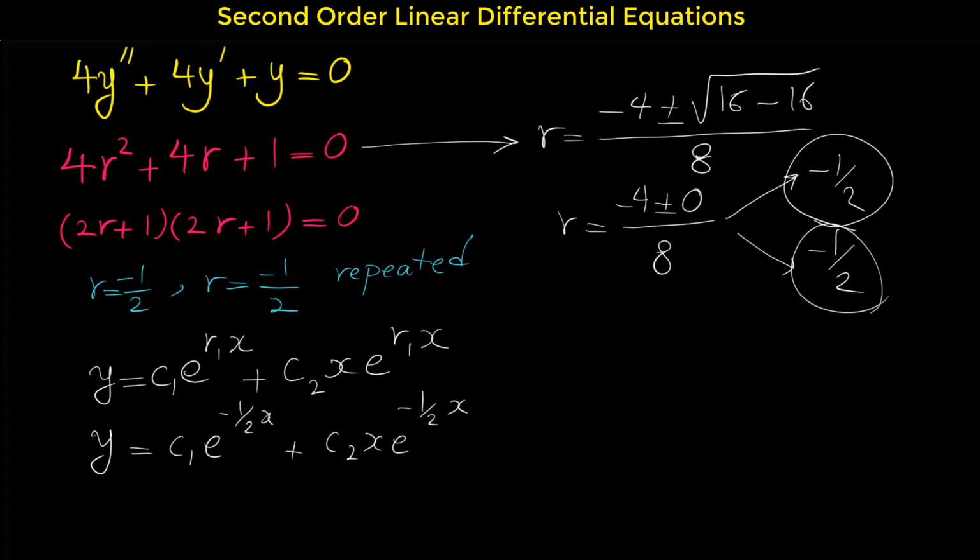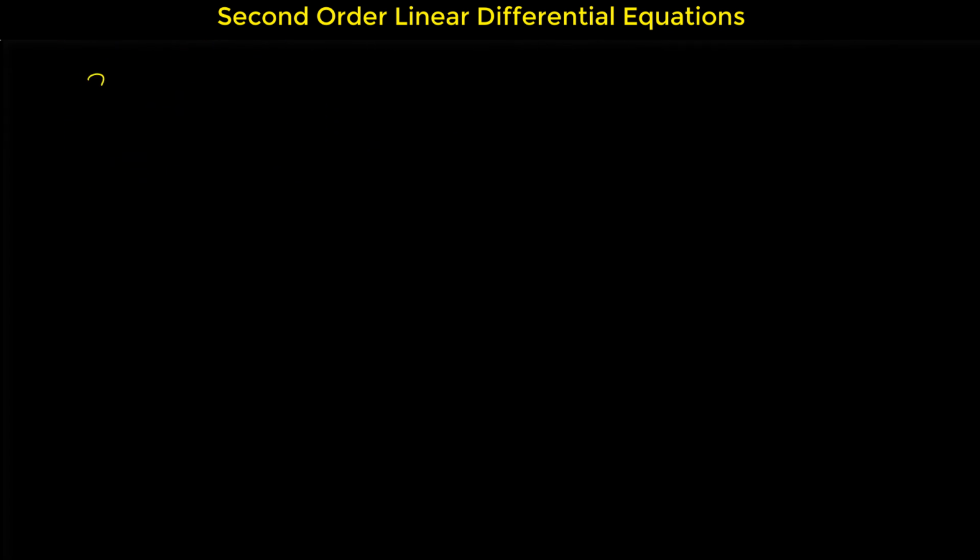Let me show you another example. 2y prime plus y double prime plus y prime minus 10 equals 0.